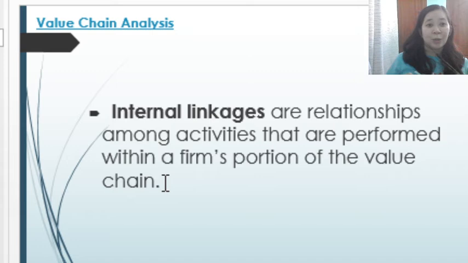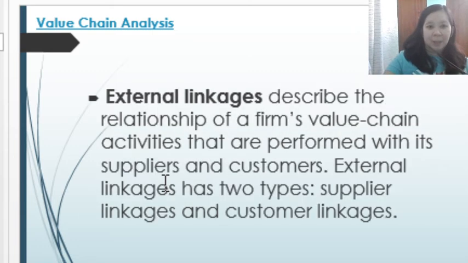These are examples of our internal linkages. What about external linkages? External linkages, on the other hand, describe the relationship of a firm's value chain activities that are performed with their suppliers and customers. External linkages have two types: as mentioned, the supplier linkages and the customer linkages.